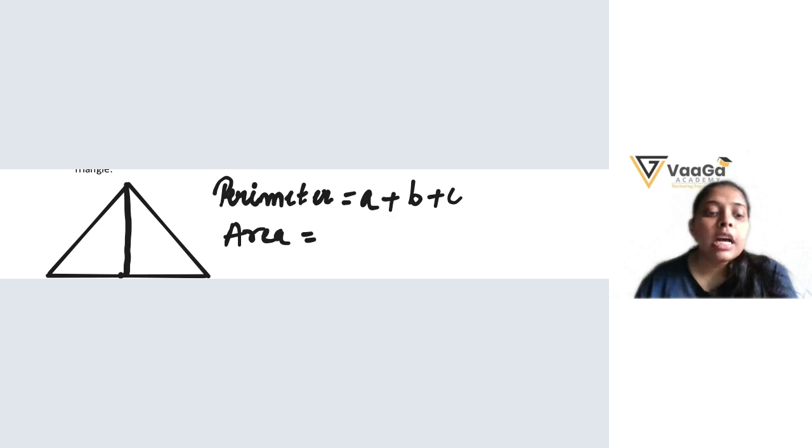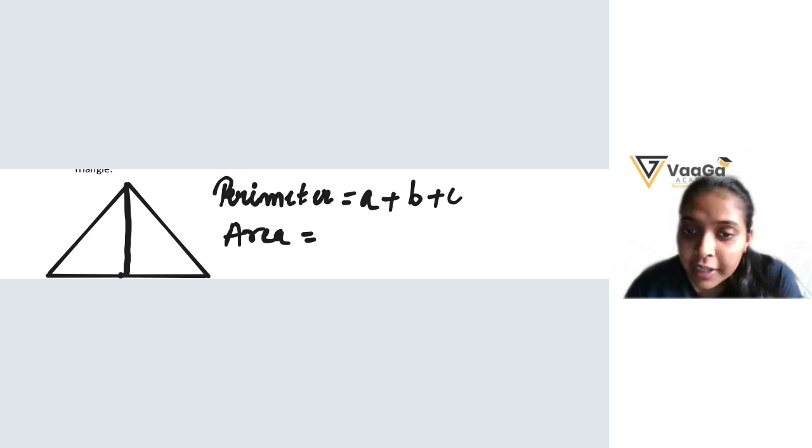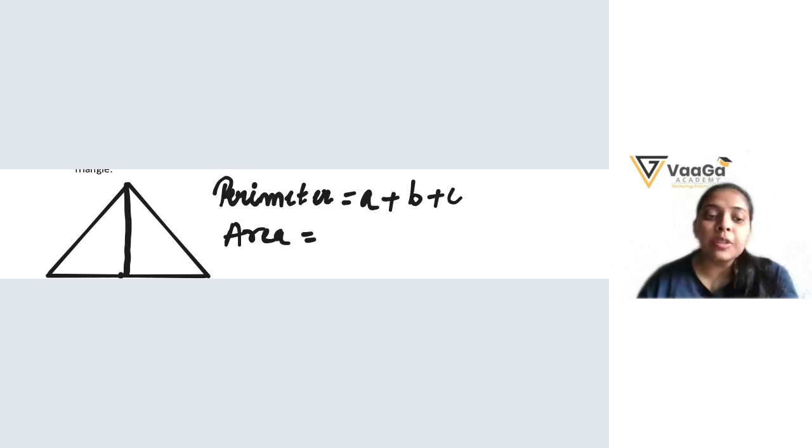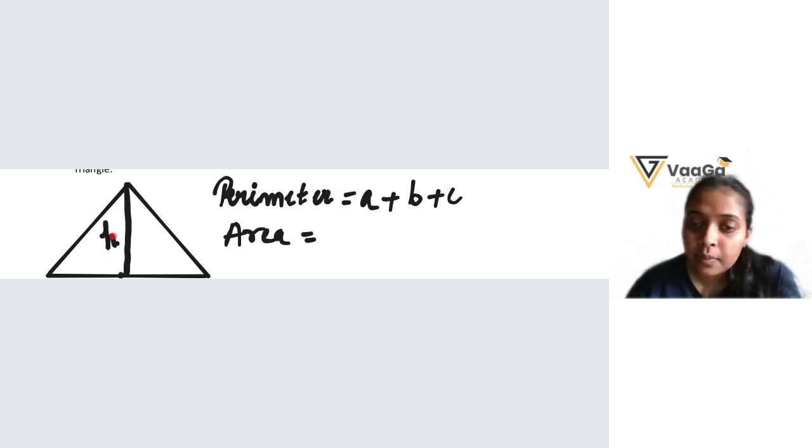So when I join it like this, what will this line tell me? Height of the triangle. So can I represent height by h?